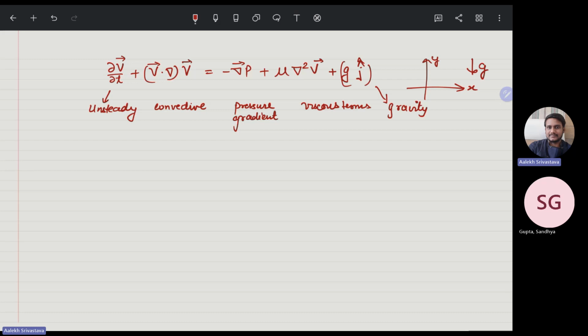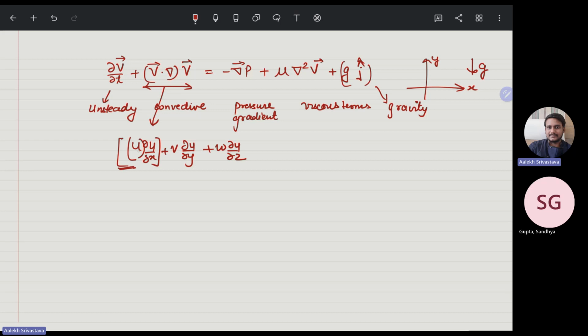Now, what happens is because of this non-linearity, what is the meaning of non-linearity? Suppose here the velocity is unknown. If I take this term as u del u by del x plus v del u by del y plus w del u by del z, this term u is multiplied with its derivative.